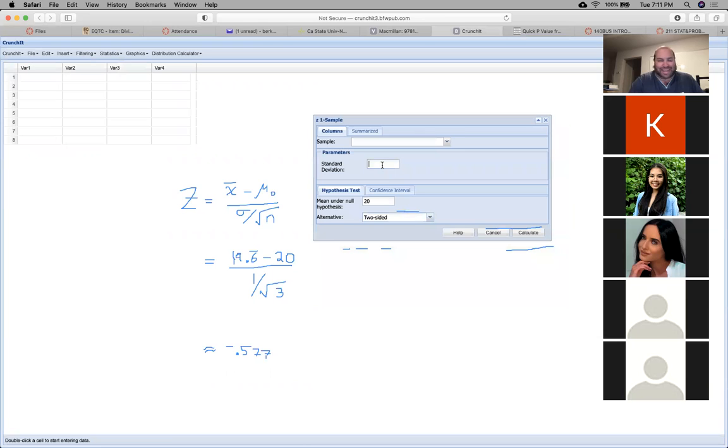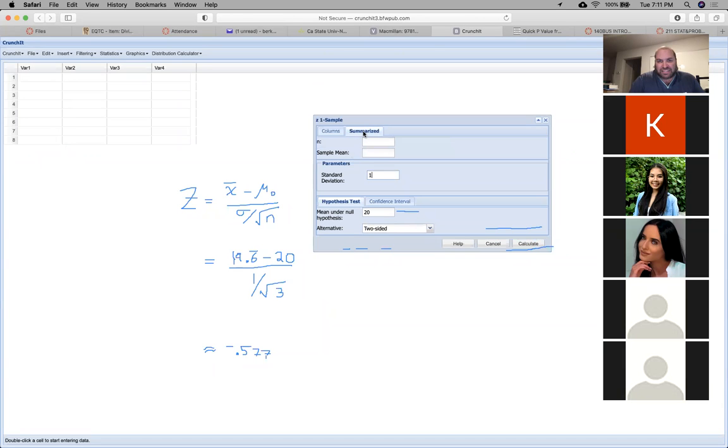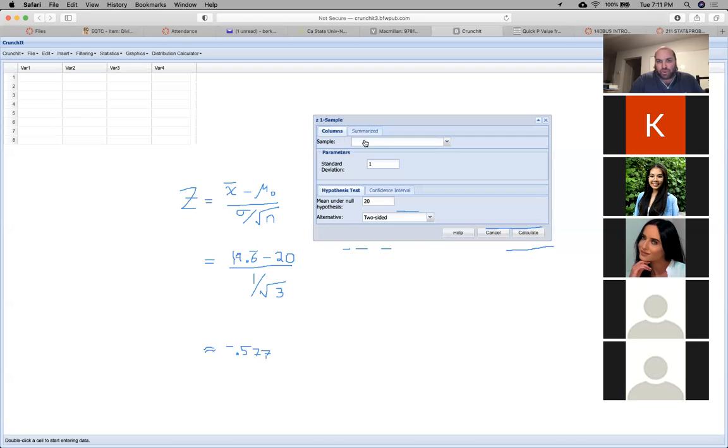What is my standard deviation? What is my sigma? 1. Am I using summarized values where they tell me how many are in my sample mean, or do I actually want to do the actual values?